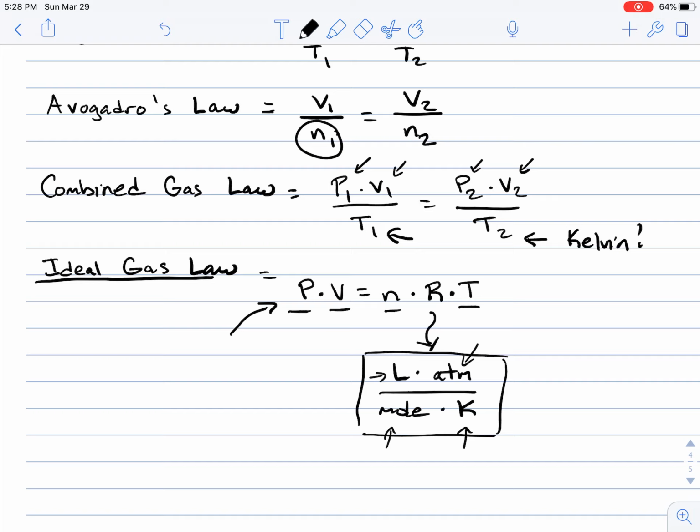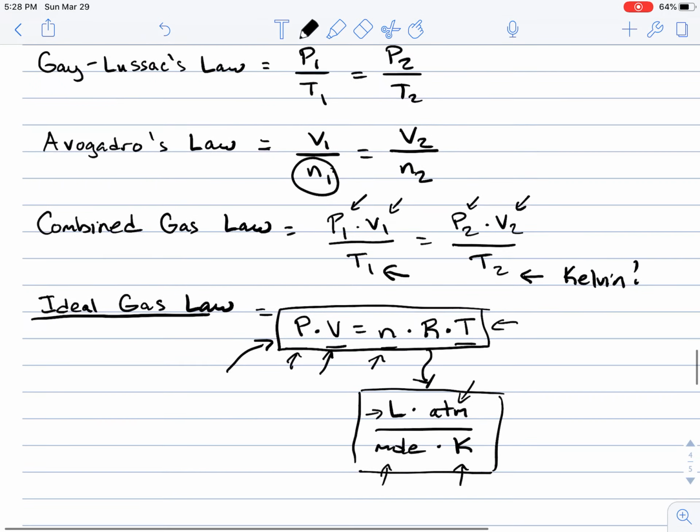Because the ideal gas law doesn't have a subscript of 1 or 2, you can only use the ideal gas law if there are no changes in pressure, volume, number of moles of gas, or temperature. Typically, you will only use the ideal gas law if you're presented one value for volume, one value for pressure, one value for moles, and one value for temperature. We'll do some practice problems in another video.